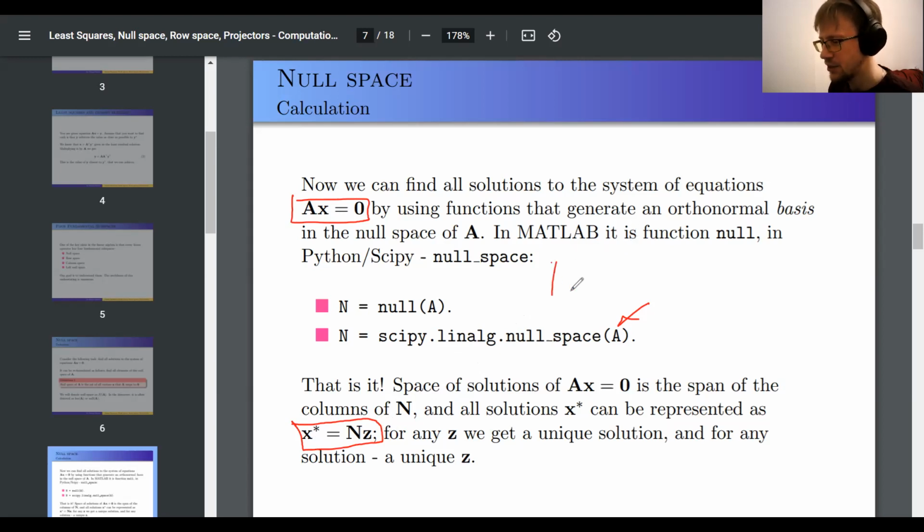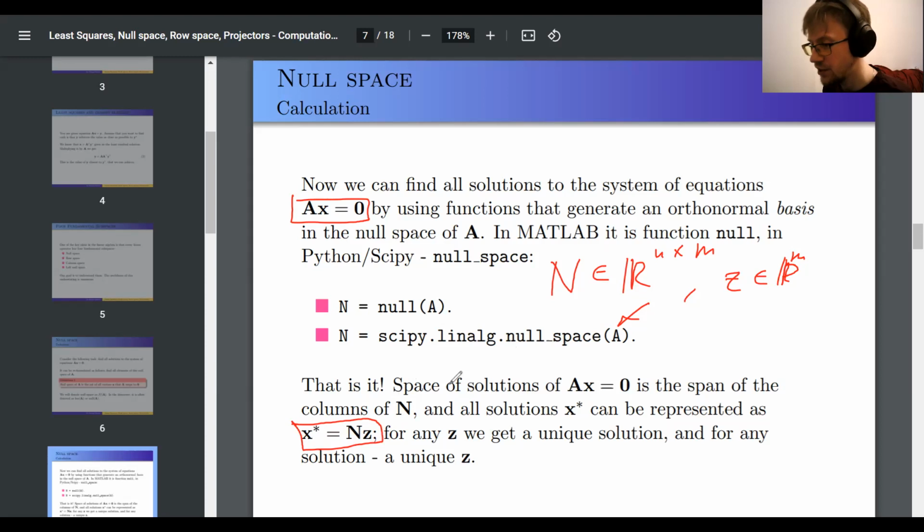Let's say the null space is in R n by m. So m is the number of columns, and z would be in R m. You get it, right? So that is just a parameter. You can multiply any vector in R m by N, and you get another solution here.